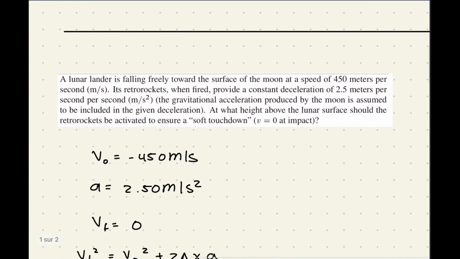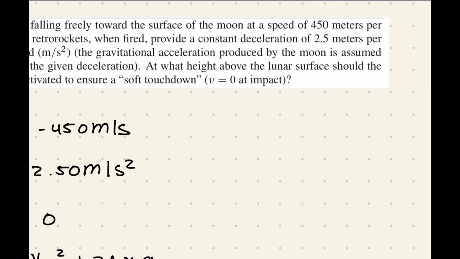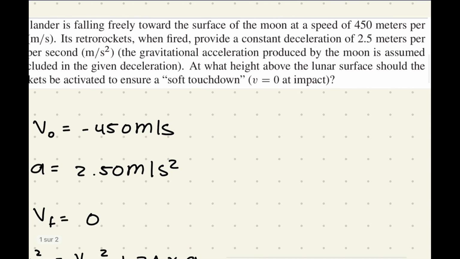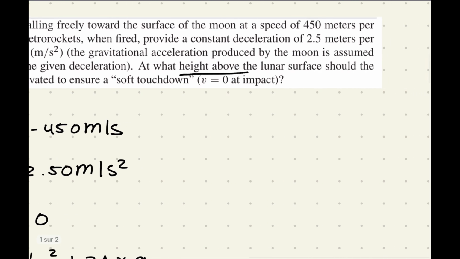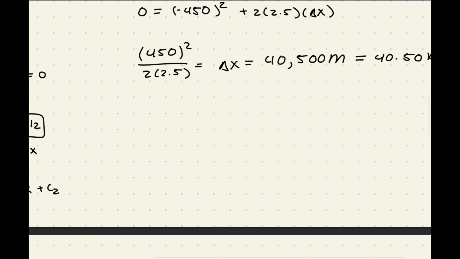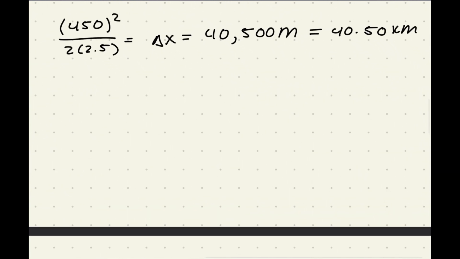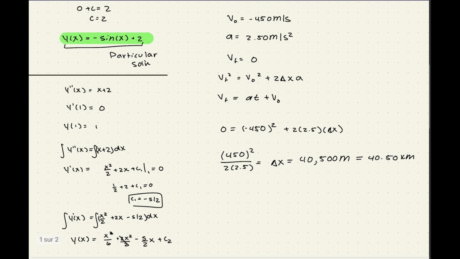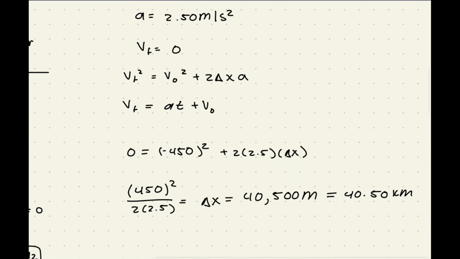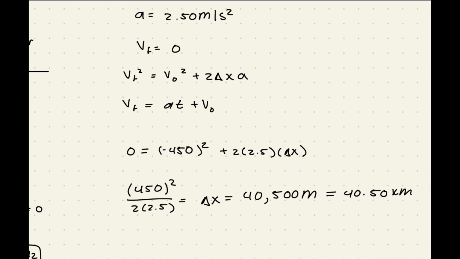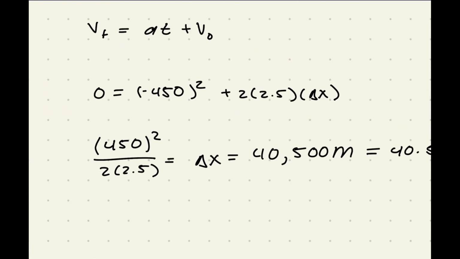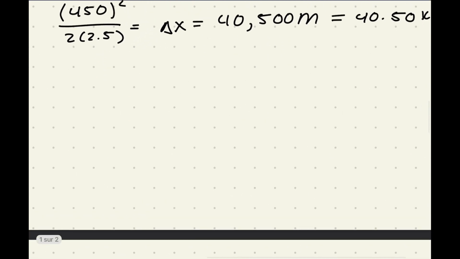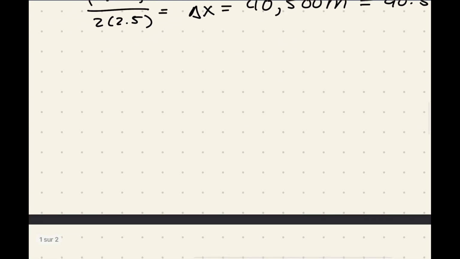Now, we want to figure out at what time we should, what does it say? Well, here we say what height, but we can also find how long it will take to completely decelerate the spacecraft.